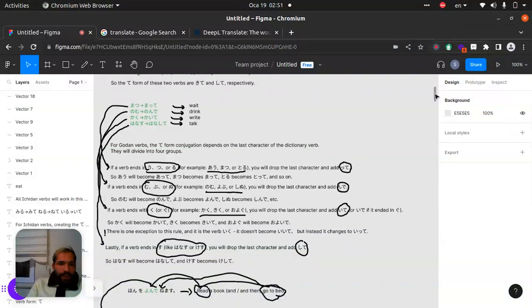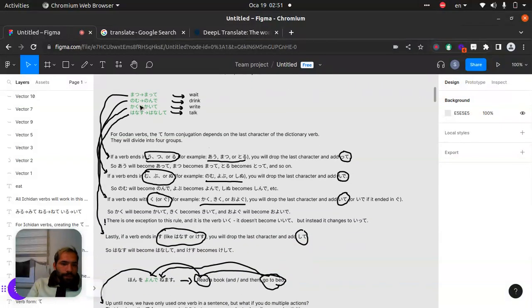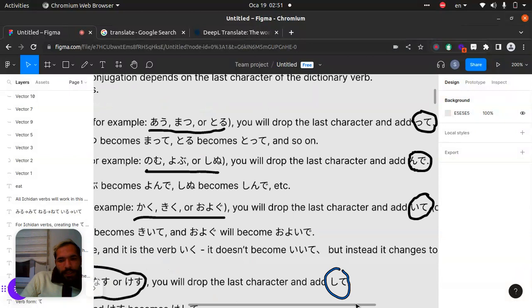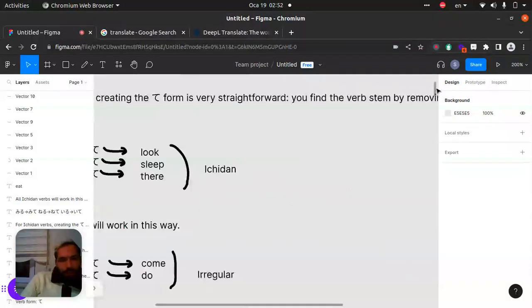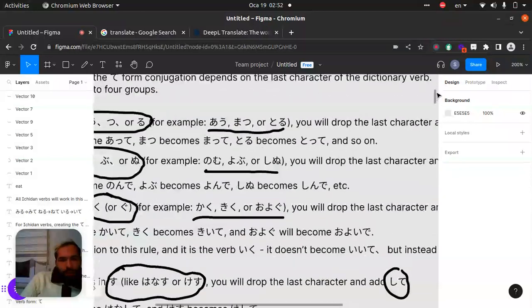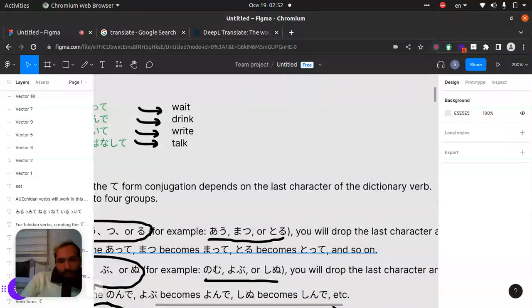What we have in here, we have a lot of things. Let me zoom in and go up, and show you all of these in a good way.